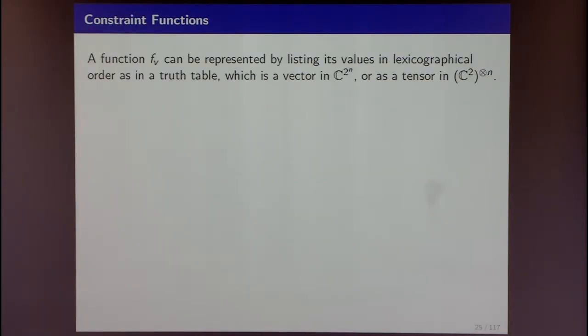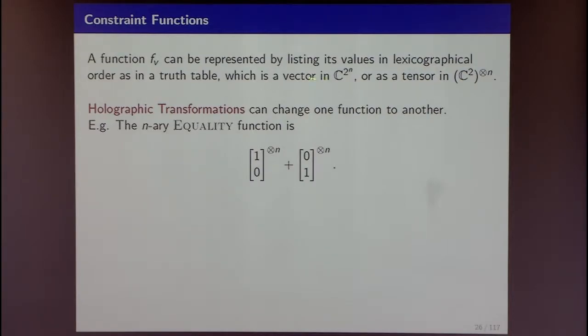I'm going to try to think of a constraint function as simply a truth table of length 2 to the n. So think of this as a vector or a tensor. But thinking in terms of tensor, there's a way to express it as sort of tensor products and sums. And particularly, I think, will be interesting to the people in this workshop.